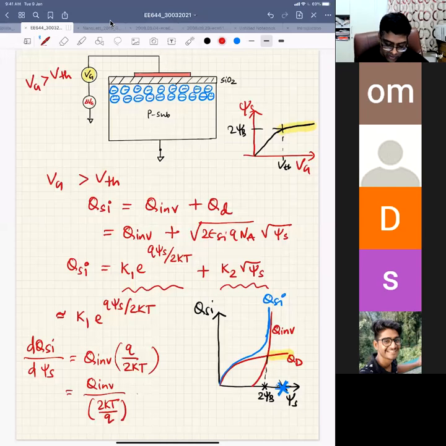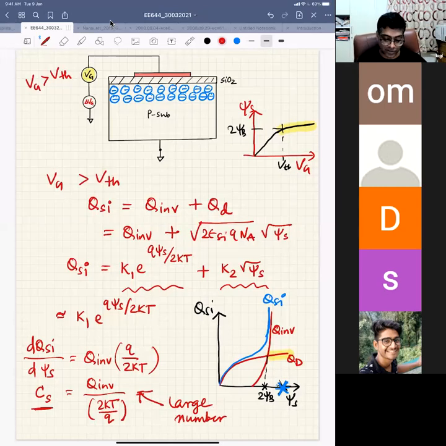And this is a large number. In the denominator we have 2kT by q, only 52 millivolts, but Q inversion is very high, right? If you are biasing your capacitor or transistor in inversion, you have a lot of electrons, your inversion charge is very high, but in the denominator you have 52 millivolts sitting, right? So this CS is a pretty high number, right?